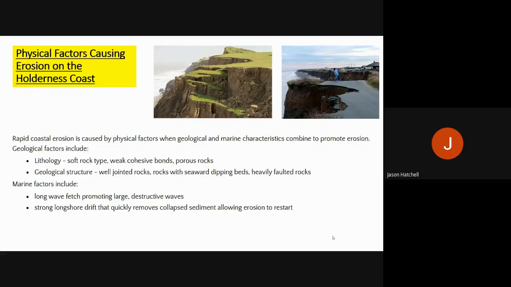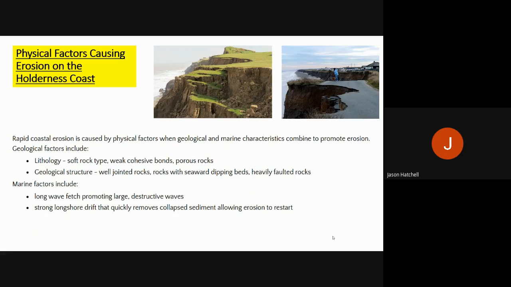Now, let's talk about the Holderness Coast and the physical factors causing erosion there. You will have done a lot of this in lesson. At the Holderness Coast, as you can see in the images here, there are rapid erosion rates, the fastest in Europe. That's caused by geology and lithology, so rock type and rock structure, and also marine characteristics and the types of erosion taking place.